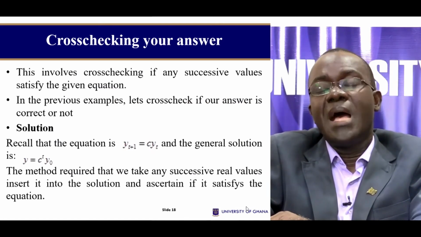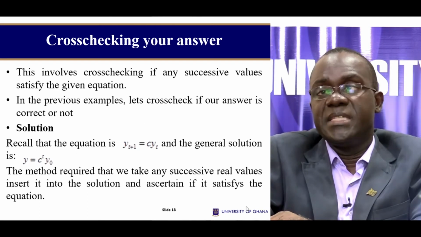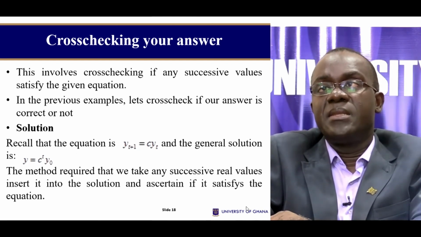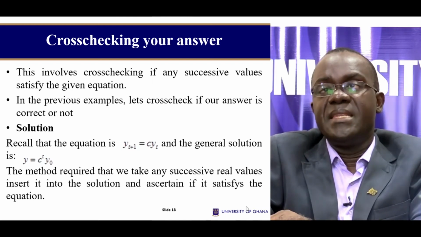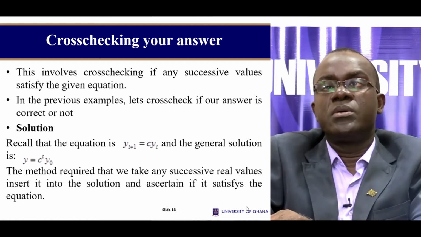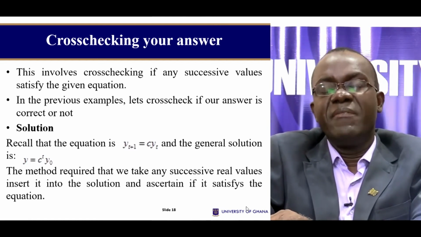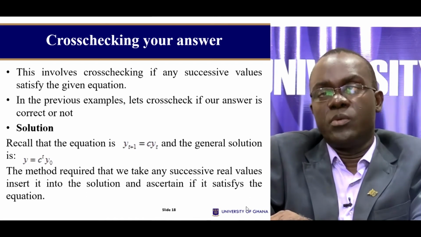Now, how can you cross-check your answer? It's very easy to do that. Let's look at it with a specific example. In the two examples that we have discussed, in the first one, we had this equation and we said this is the solution. Let's see if this solution satisfies this equation, meaning whether it's really a true solution of this equation.